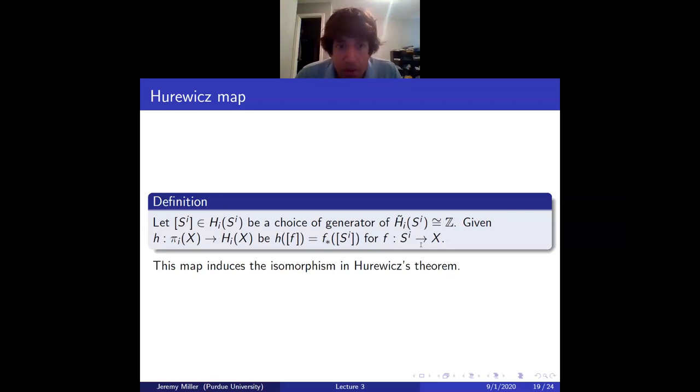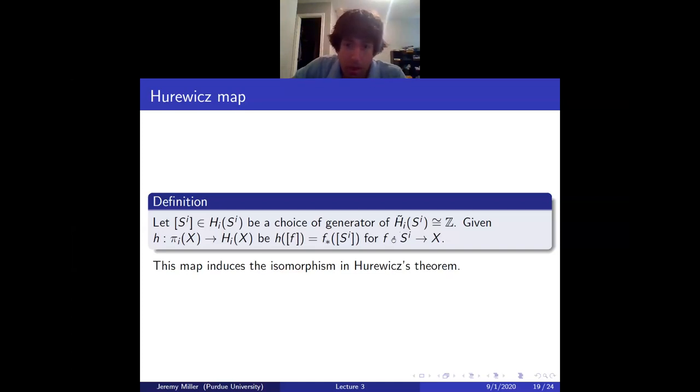So the Hurewicz map, given an element in homotopy, I need to tell you how to get an element of homology. So, I guess this bracket means class of. This means homotopy class of, whereas the other one doesn't.